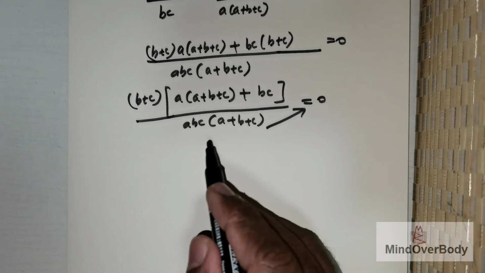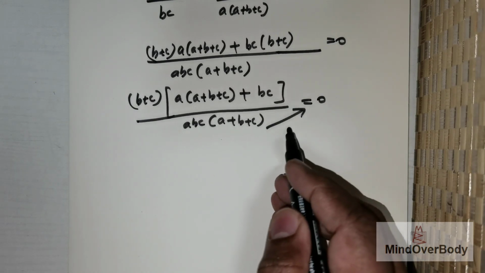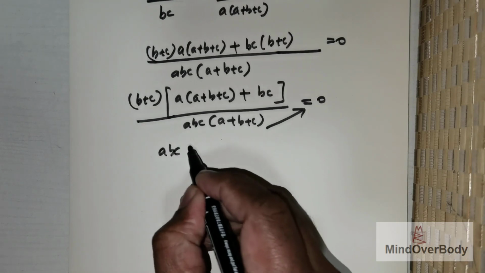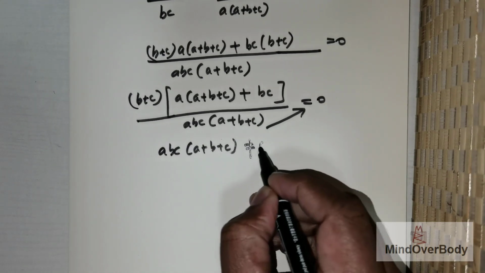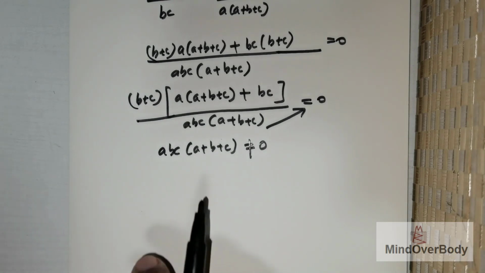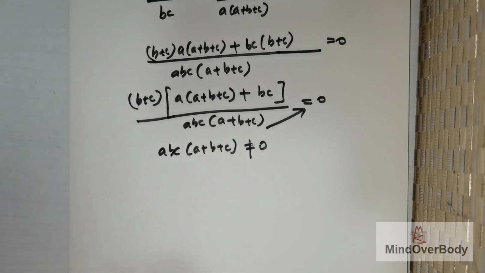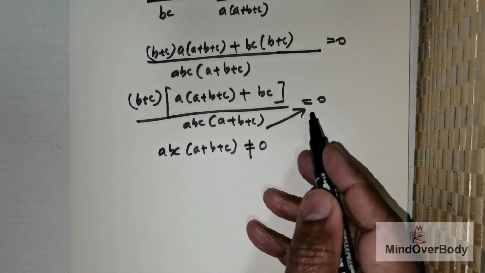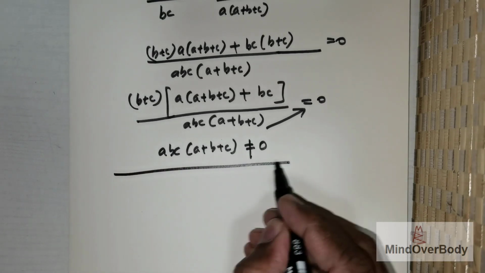But before I could cross multiply, I should make sure that abc(a + b + c) is not equal to 0. So this denominator should not be equal to 0. Now we need to place in a reasoning for that, and only after that would we be able to proceed with the multiplication. So I am giving you the reasoning now.